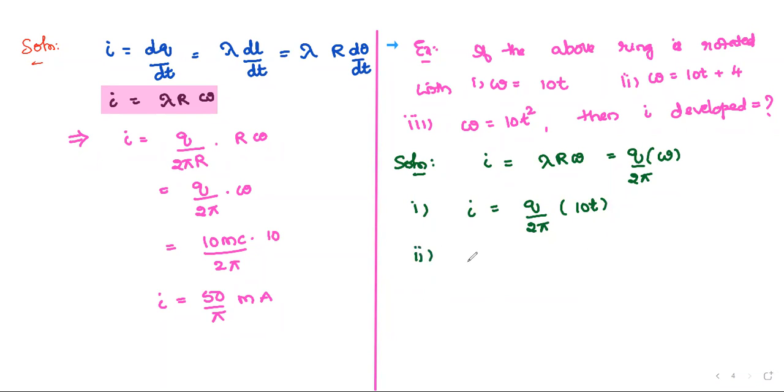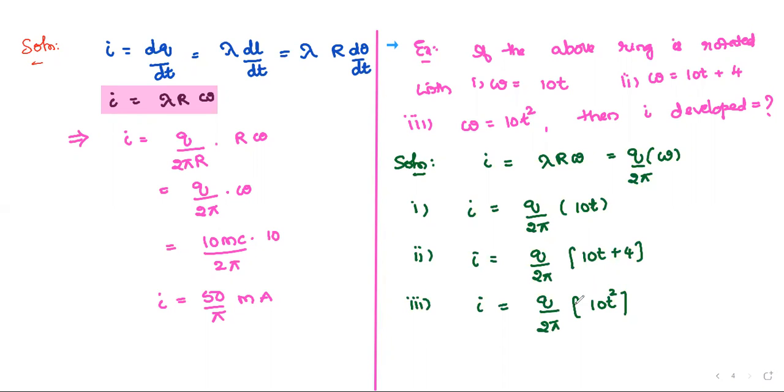Number 2, I is equal to q by 2 pi into 10t plus 4. Further, we can't do anything. Substitute the q value and the t value. No differentiation, no integration. And number 3, I equals q upon 2 pi times 10t square. Substitute the t value and the q value, and directly you will get the answer.